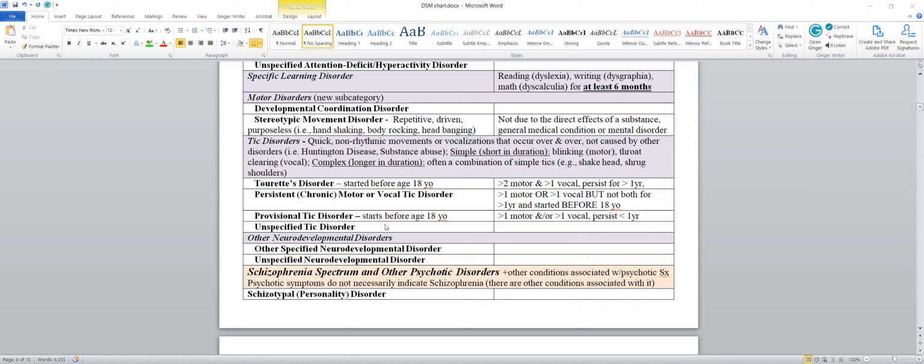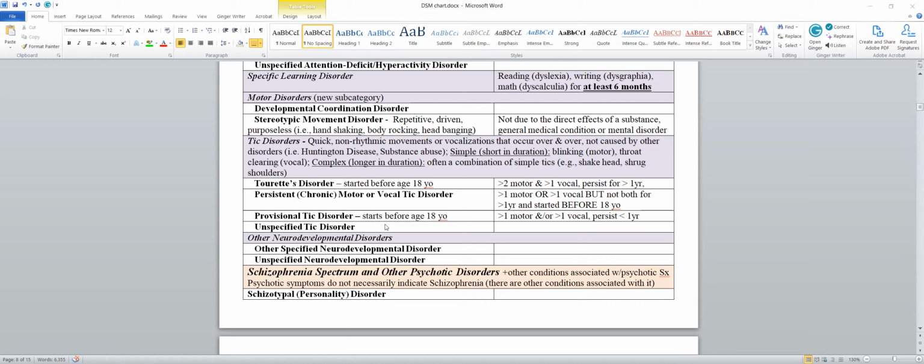So the criteria for Tourette's disorder, which is a subcategory of tic disorder: it must start before the age of 18, with at least 2 motor and 1 vocal tic persisting for at least 1 year. The next subcategory under tic disorders is persistent chronic motor or vocal tic disorder.